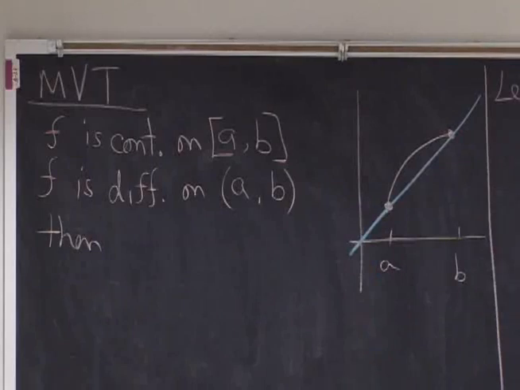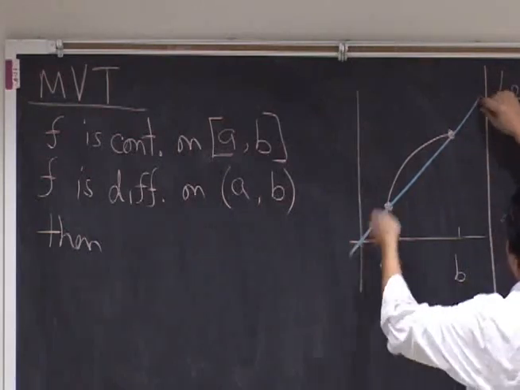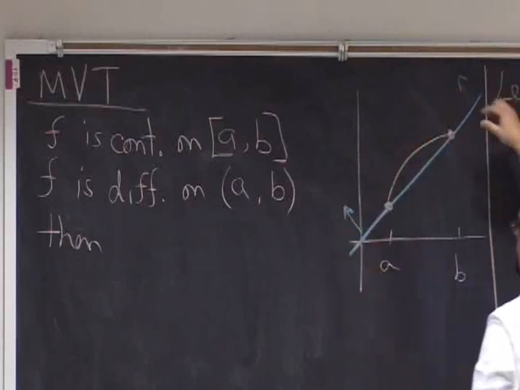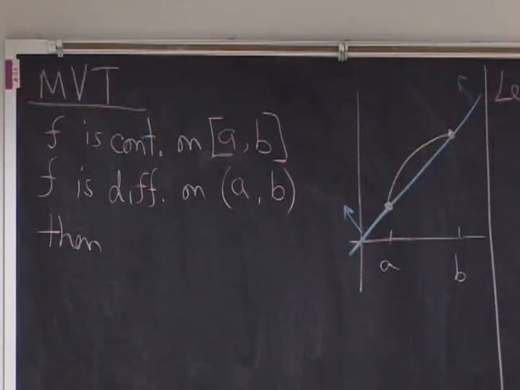That's the secant line. Now, try to imagine that you have this line moving in this direction until it becomes tangent to the curve. Until it becomes tangent to the curve.